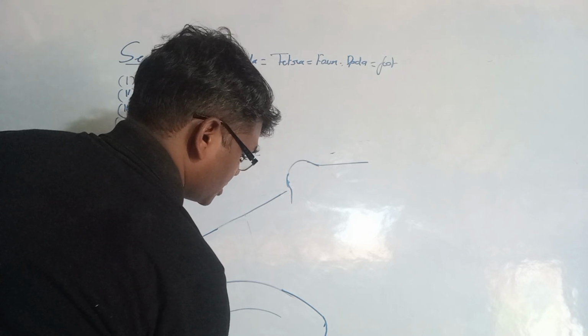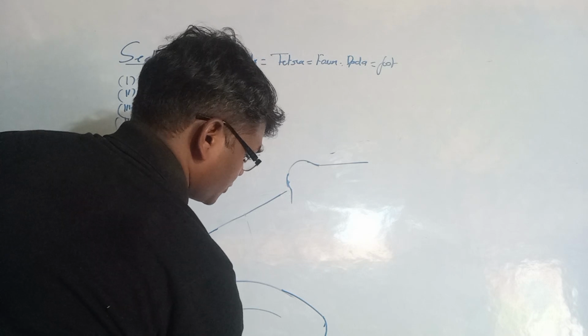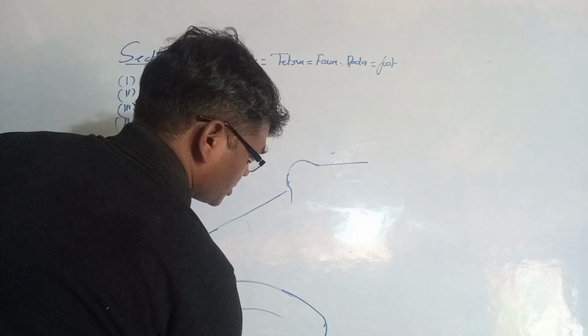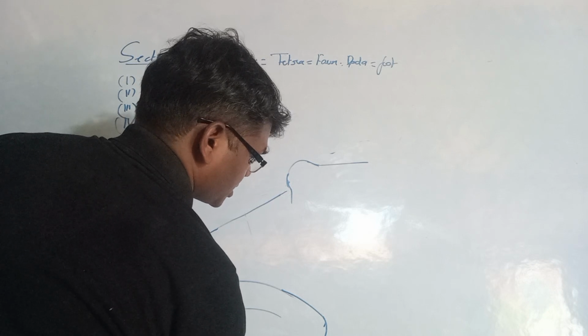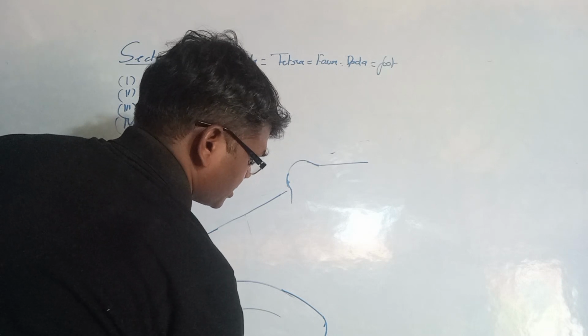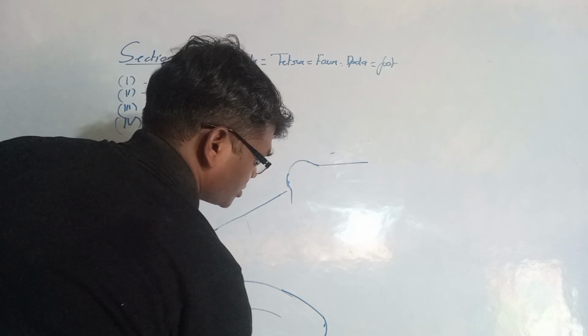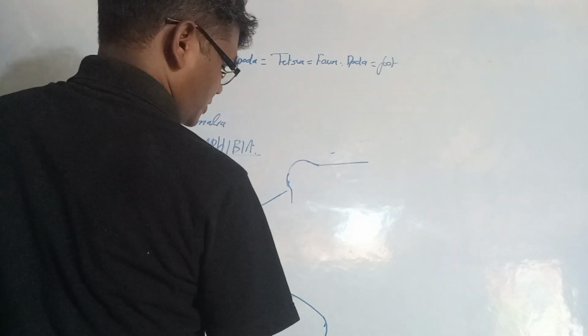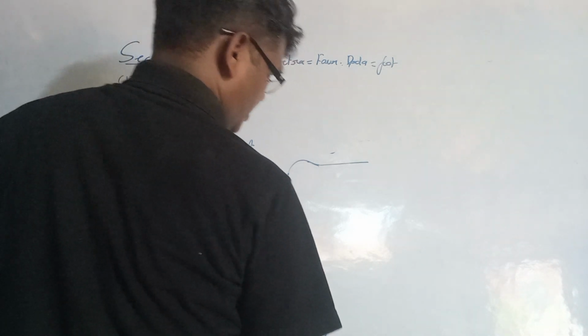One finger is here, second finger is here, third finger, fourth finger. These fingers are longer than the structures, and the wavy figure we can see, its wavy figures.